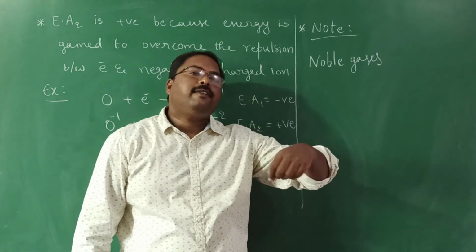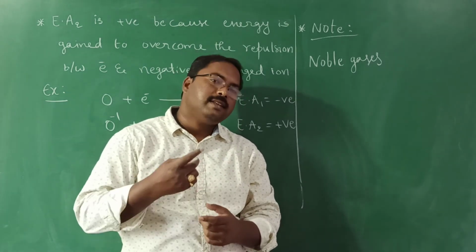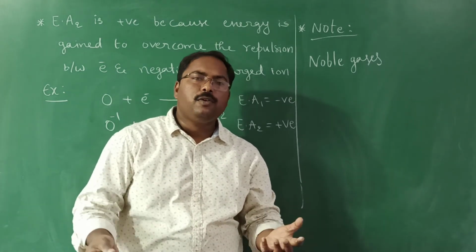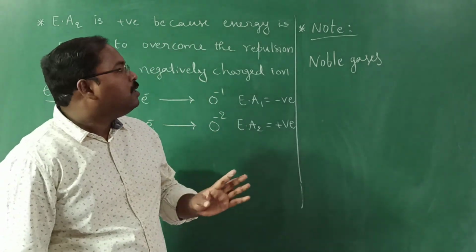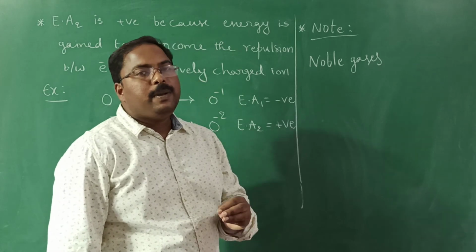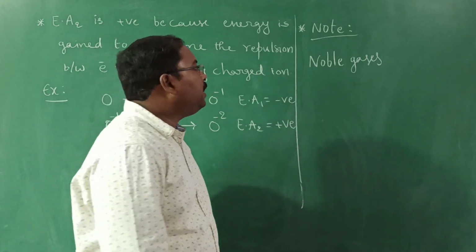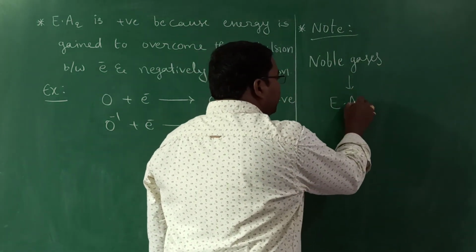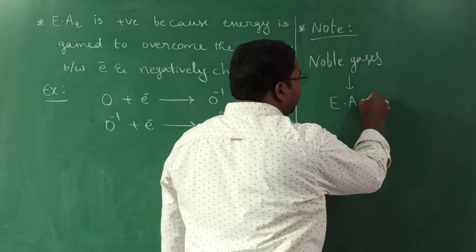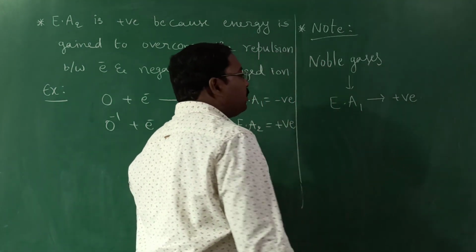When an electron is added to the octet configuration, they will lose their stability. As we all know in chemistry, no element wants to lose stability. So the noble gases will not be willing to gain the electron. So that is why noble gases are the elements in which the first electron affinity values are also positive.